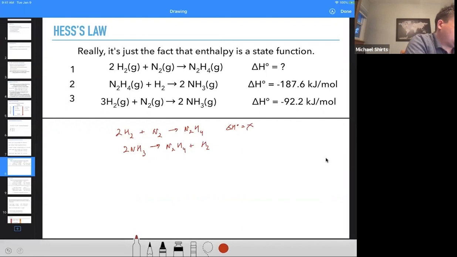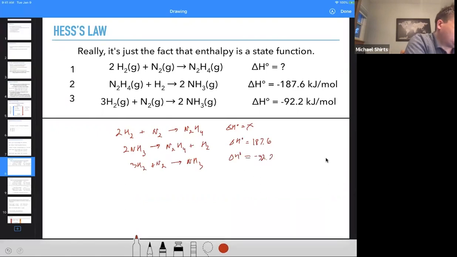I'm not going to worry about the phases here because everything's in gas phase. Delta H equals 187.6. And then we have 3H2 plus N2 goes to 2NH3, and that has a standard state reaction enthalpy of minus 92.2.